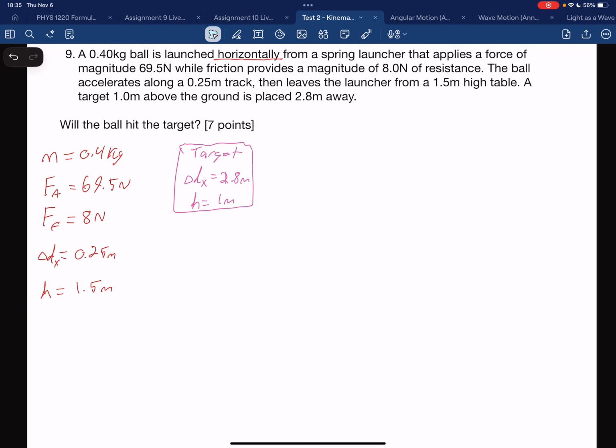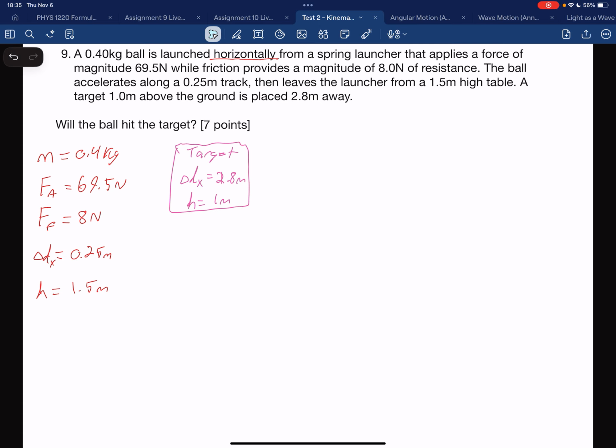Okay. So, and we're asked, will the ball hit the target? So we need to know if the ball has a height of 1 meter after it has traveled horizontally 2.8 meters. Okay. So first, to do that, I know I'm going to need to know how fast it is launched, its velocity. I'm not told that, but I am told about the forces involved.